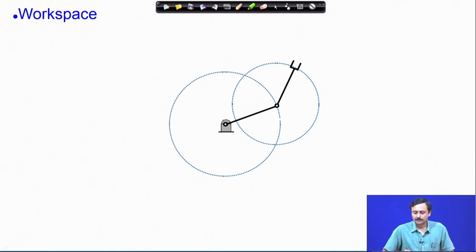Now, the workspace. What is the reach of the end effector of the manipulator? This is an important question. I have drawn it out here for you. This is link 2, this is link 3, one is of course the ground. The second link can rotate and the hinge point goes on this circle. When the third link rotates, the end effector point moves on this circle.